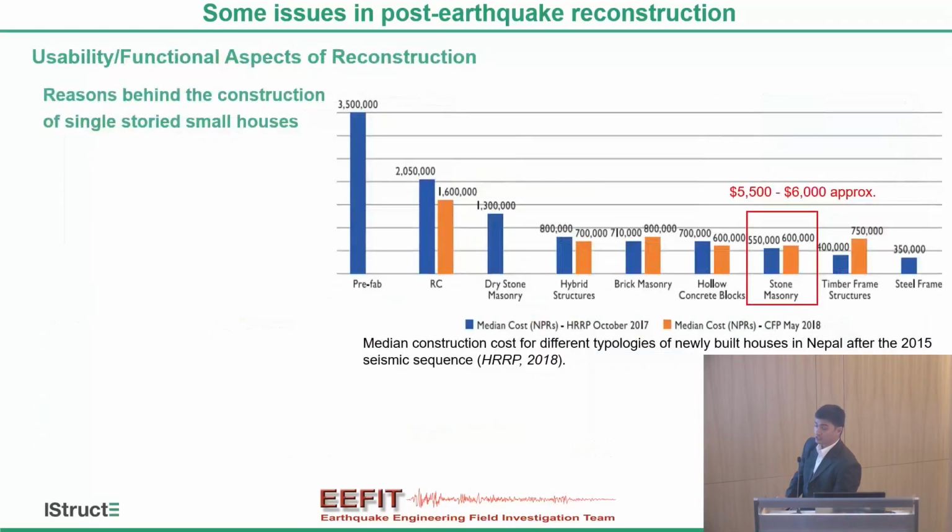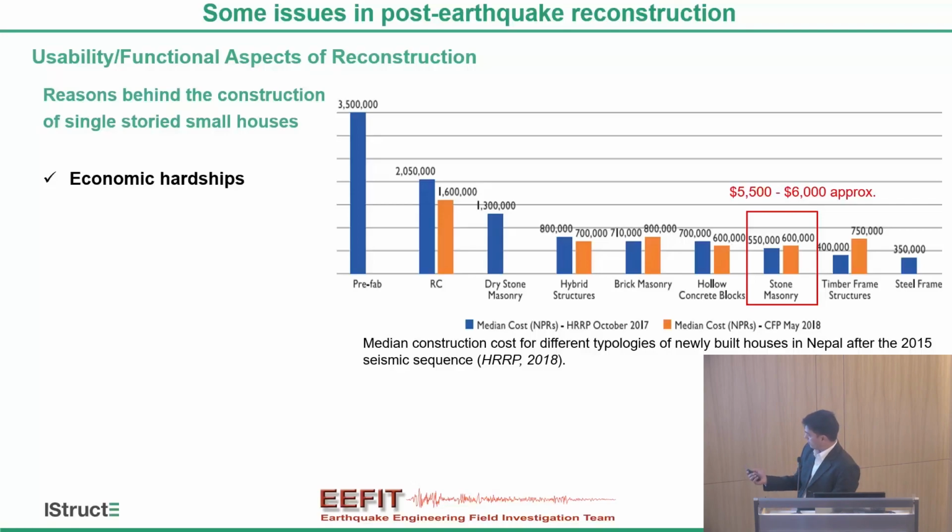So when I was in the field doing survey and interviewing people, several reasons for constructing these small houses emerged. And the most common reason is the economic hardship of poor people in the rural communities. They couldn't afford more than that.